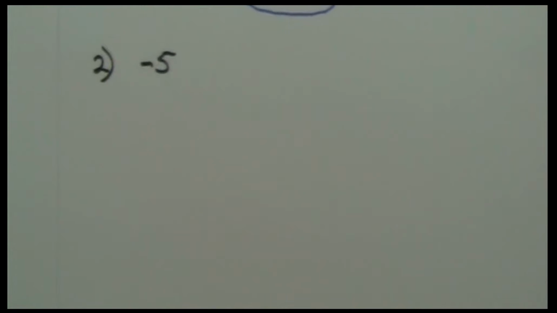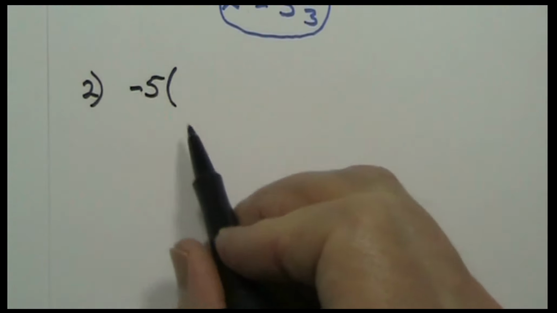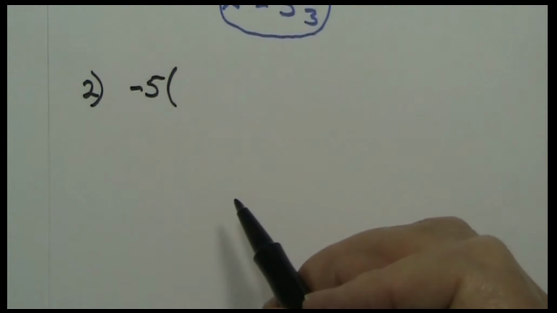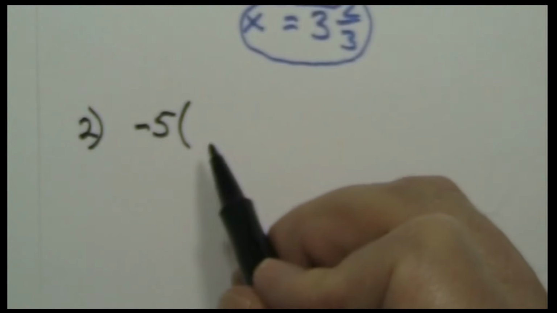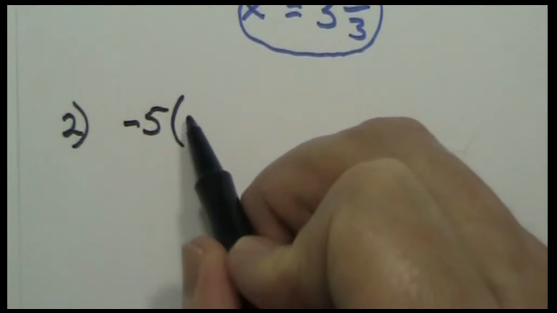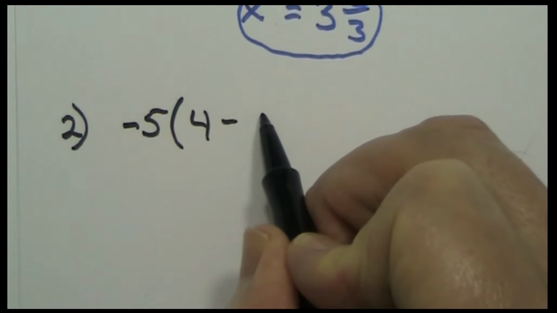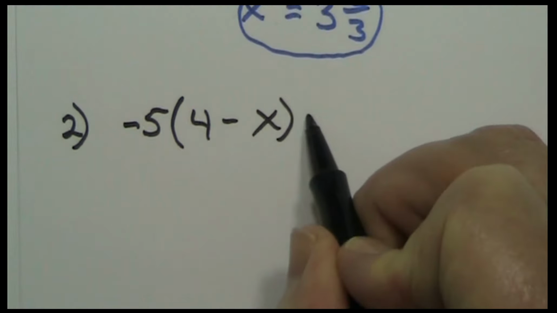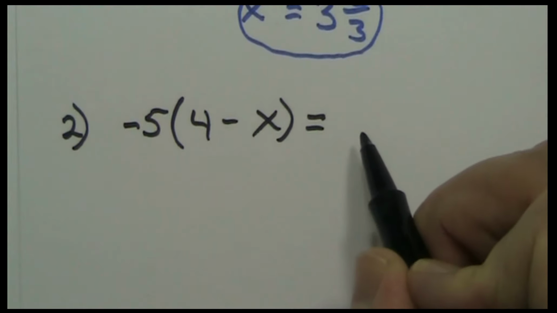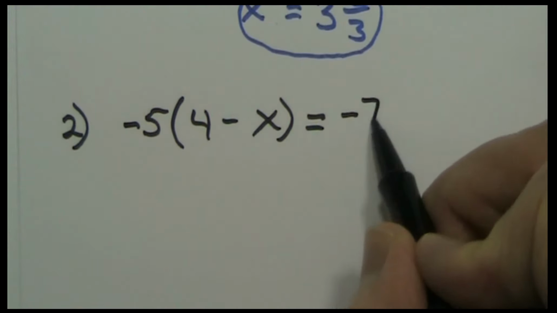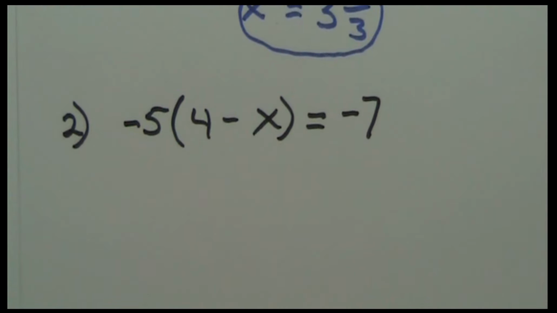Okay, number 2. It's -5 times the quantity 4 minus x equals -7.